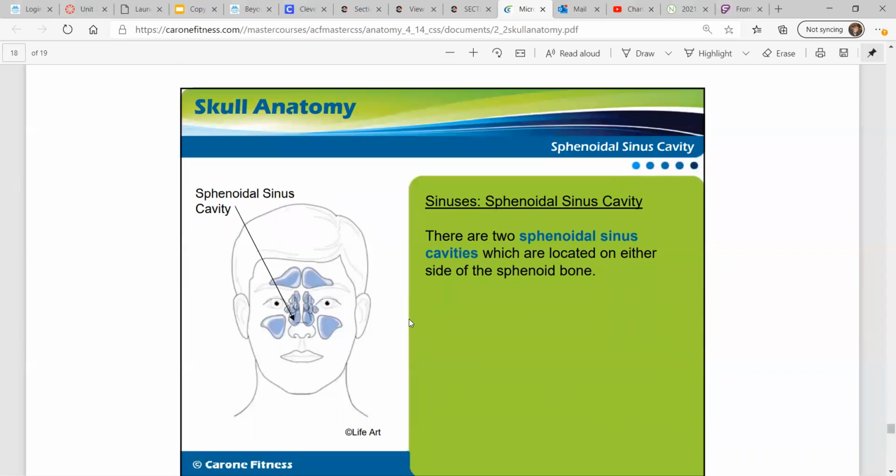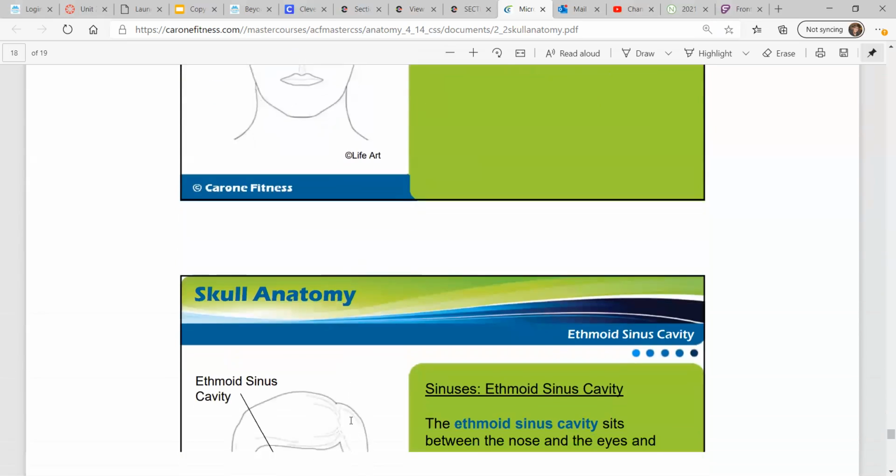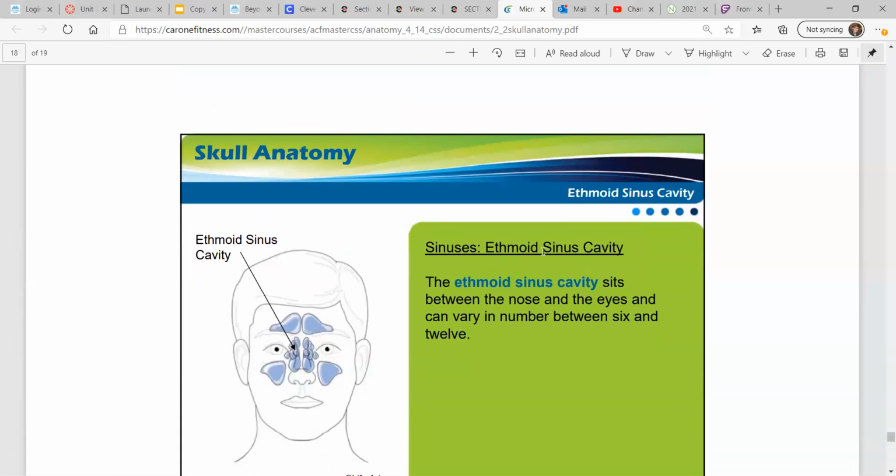There are 2, which are located on either side of the sphenoid bone. It's right here, on either side. Ethmoid sinus cavity. The ethmoid sinus cavity sits between the nose and the eyes and can vary in number between 6 and 12. All up here.